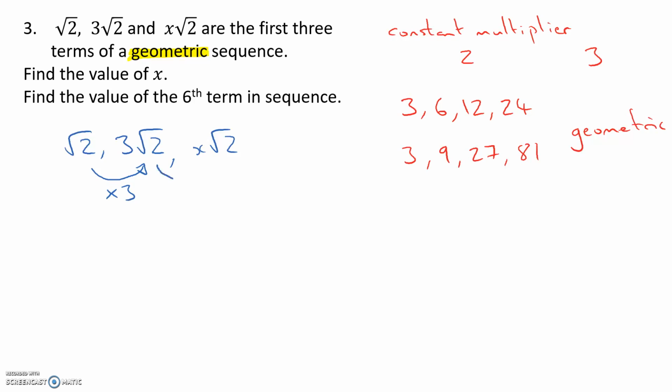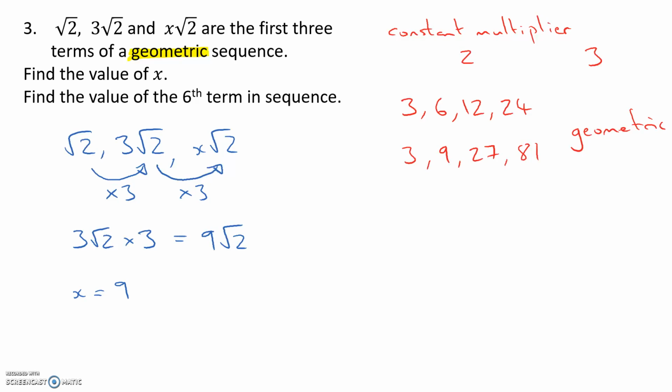But I know to get from here to here, I've just multiplied by 3. So 3 root 2 times 3 must equal the next term. Excuse my cats. So 3 root 2 times 3 is 9 root 2. Therefore, x is equal to 9. That's all you've got to do.